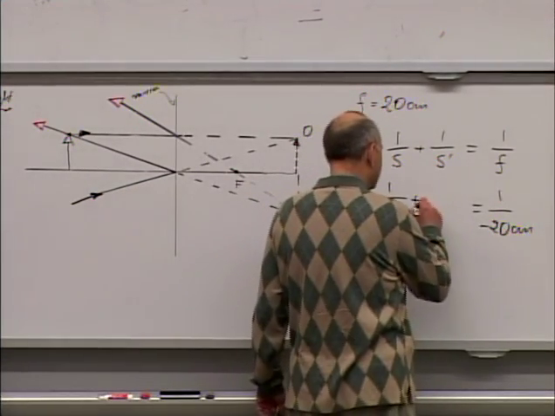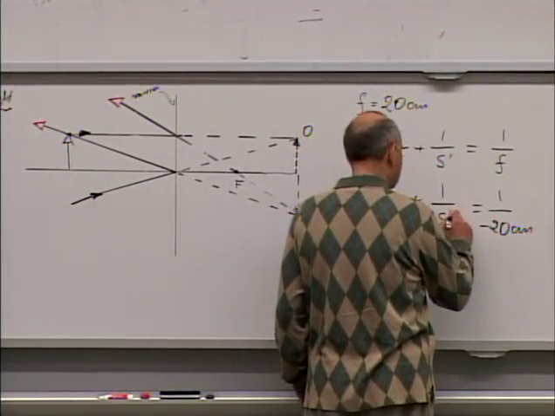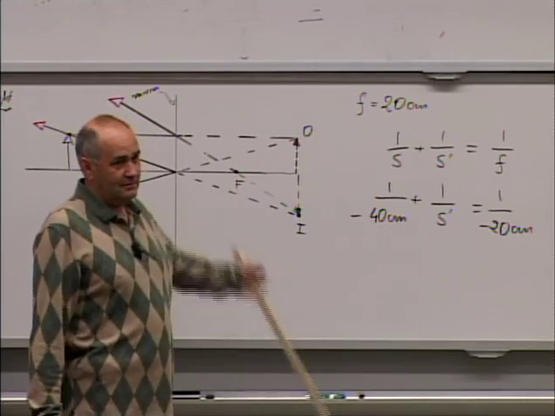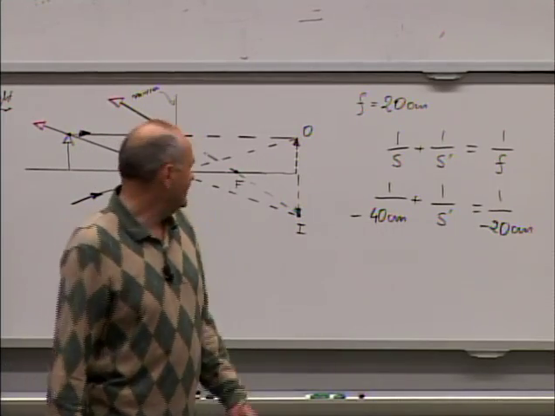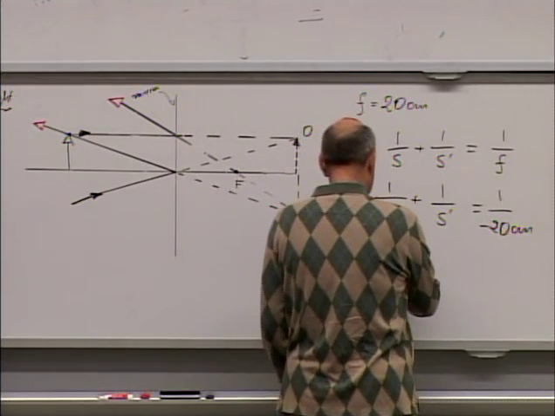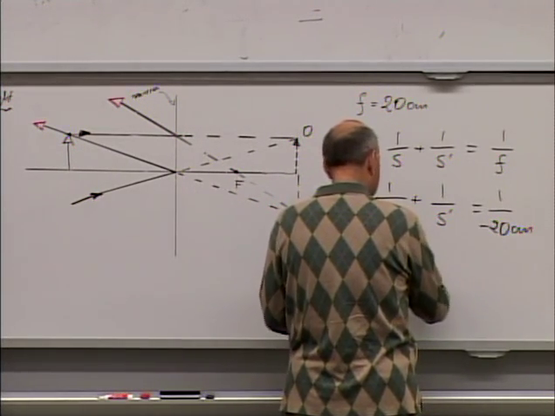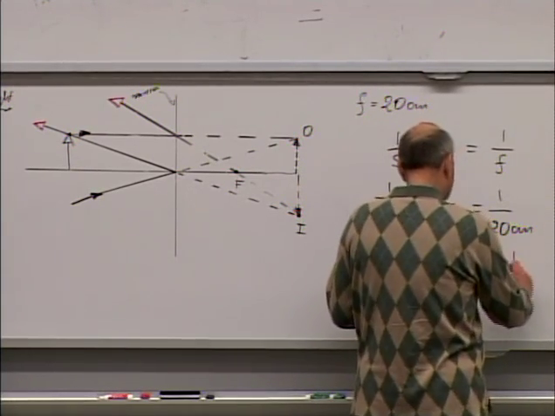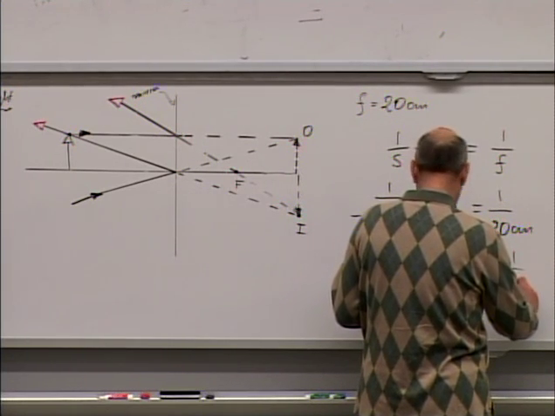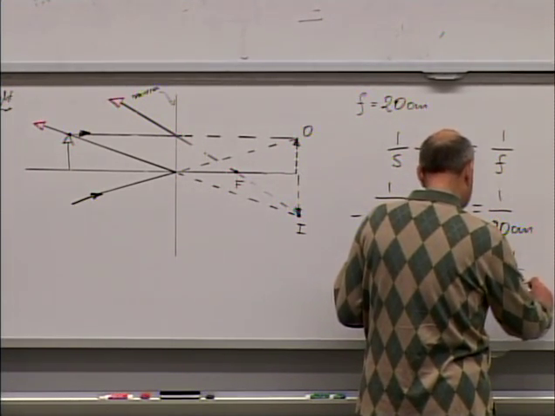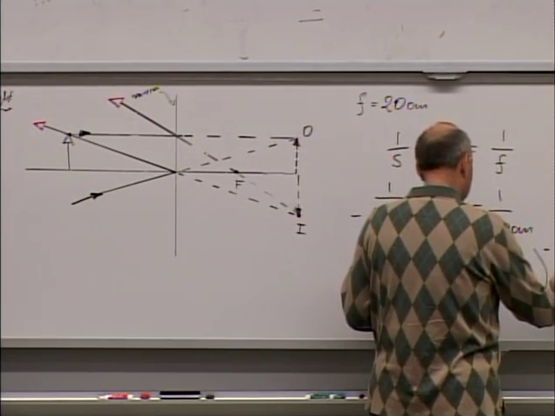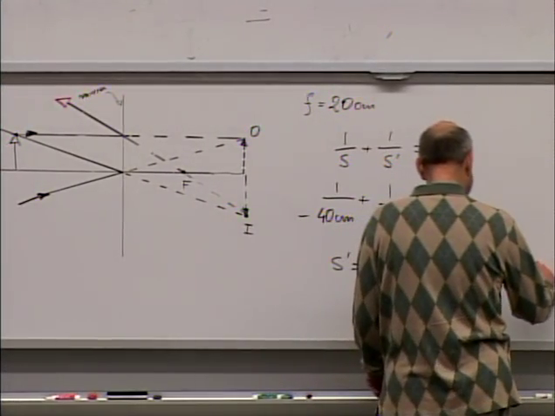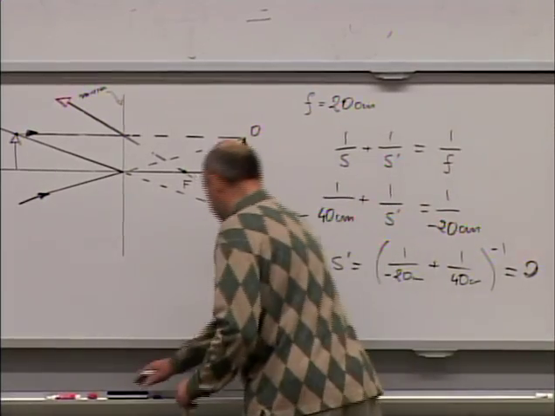Now let's find out where we should have the image, and we'll see how good our ray diagram is. So from this, S prime is equal to 1 over minus 20 centimeters plus 1 over 40 centimeters, to the minus 1. So it looks to me that it is going to be minus 20 centimeters.